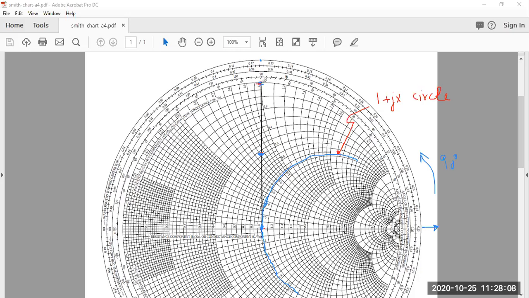Again, let me draw it, not exactly, but you should get an idea of how your circle will look. Okay, so what I have drawn is the 90-degree rotated 1 plus jx circle.